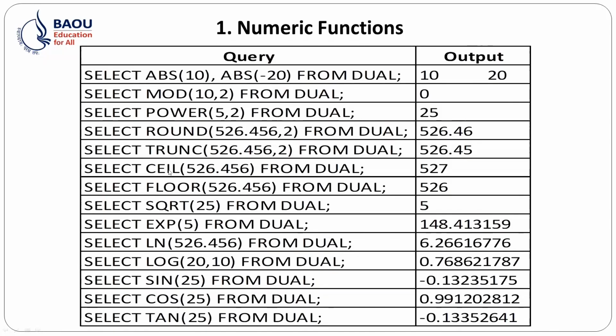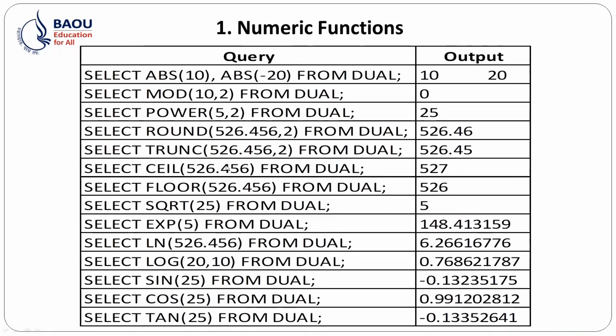Now the ceil function is used to display the next upper number. 526 is rounded up to 527. After the point, if the number is 1, 2 or 3, the ceil number is still rounded up to the next one. See here, it is the whole number only.